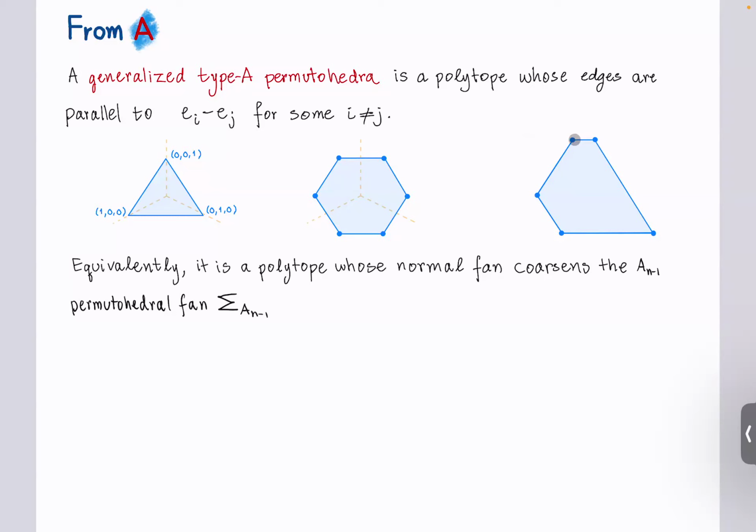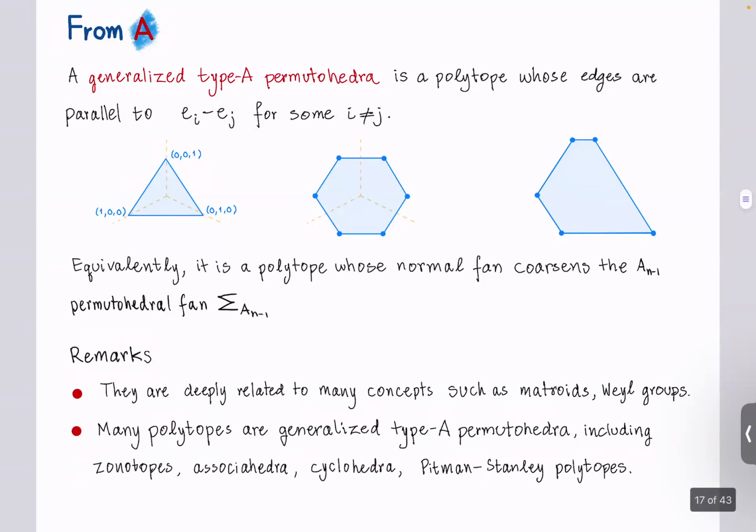And we can also have something that looks pretty different from what you've seen, something like this, the third example. Or equivalently, you can define generalized type A permutohedra to be a polytope whose normal fan coarsens the A_{n-1} permutohedral fan that I just mentioned earlier. But again, it's okay if you are not familiar with this concept. So you just take the first definition.